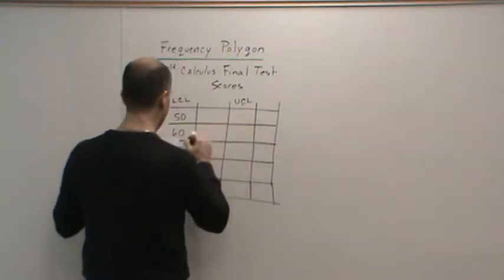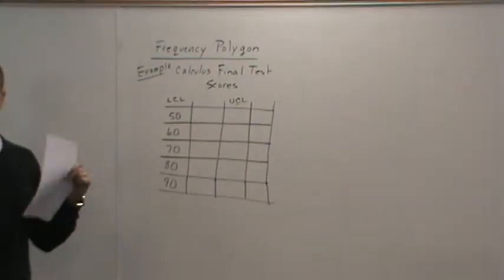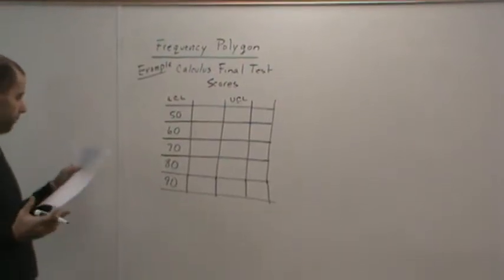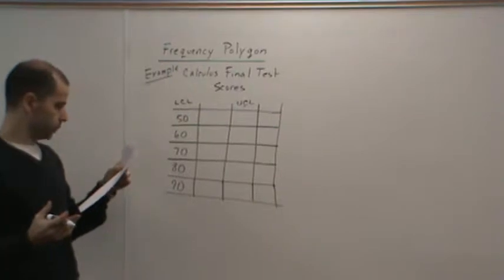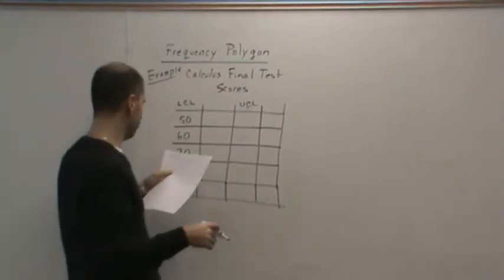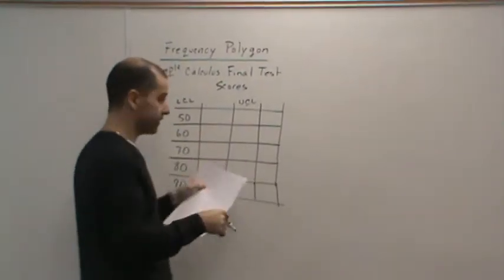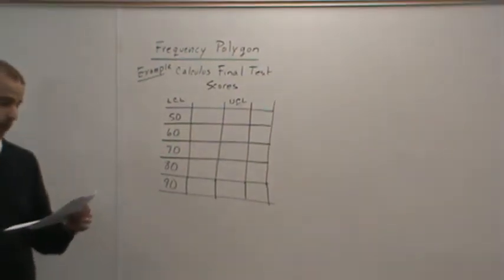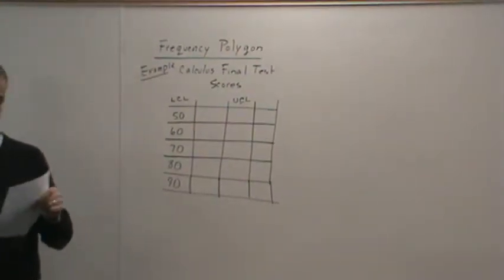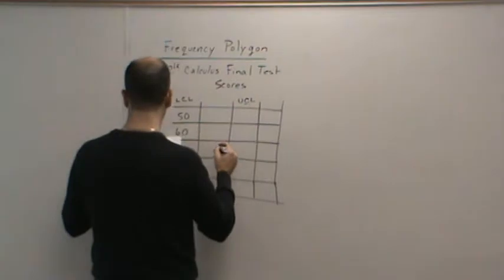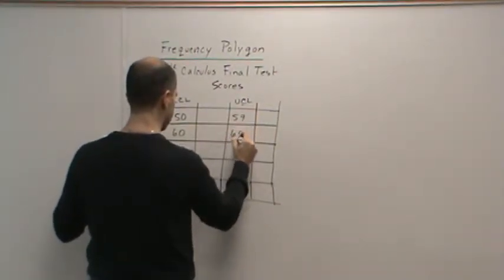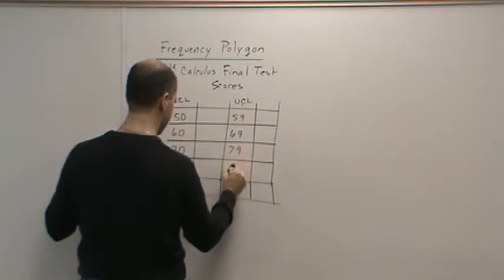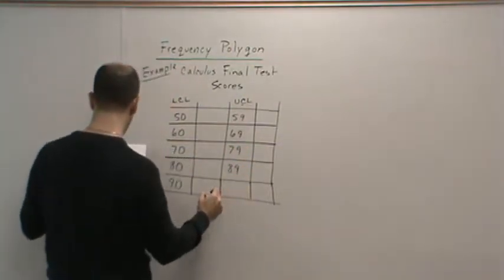And again, below 50 or below is an F. So it doesn't matter if they fall below this. And in this case, none of the students fall below that. But again, just for example, so this is going to be 59, 69, 79, 89, and 99.